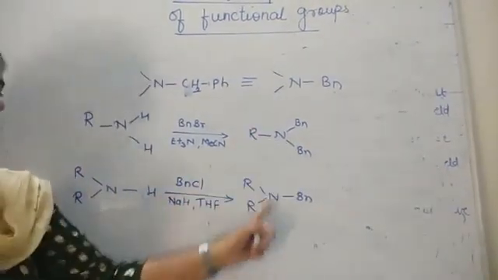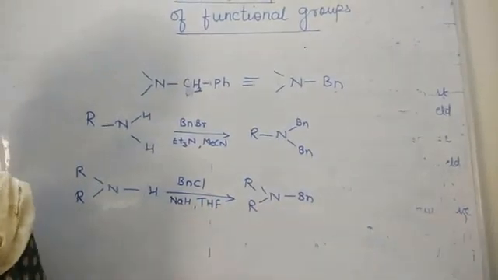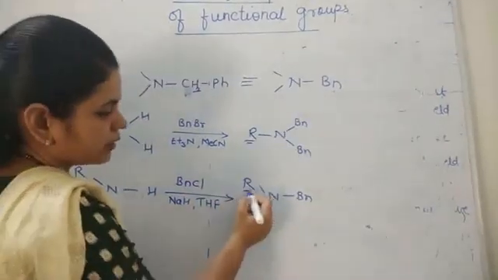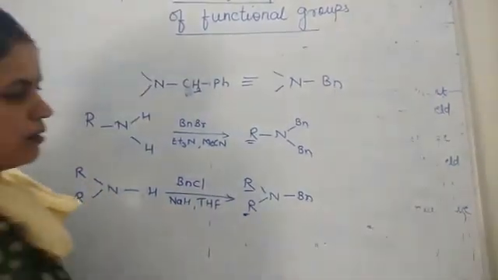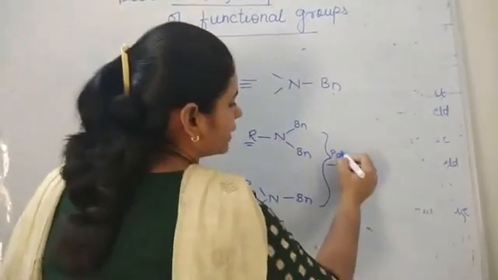This Bn is very much resistant to organometallic reagents, and we can easily perform the reaction on this side. To recover the product, we can use Pd on carbon.